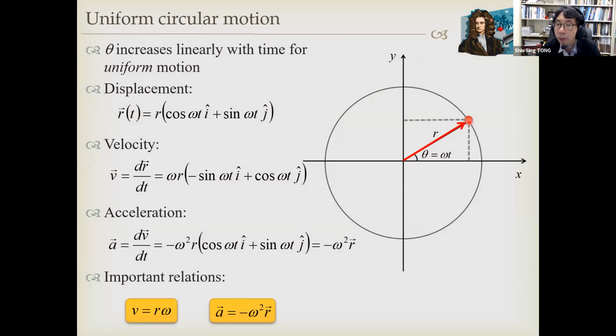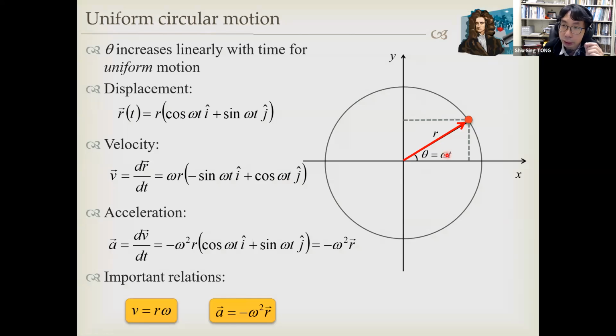Now this is a uniform circular motion. We discussed it before in, I think, chapter 2, right? The point mass here is described by the vector r, and the vector r makes an angle theta with the x-axis.